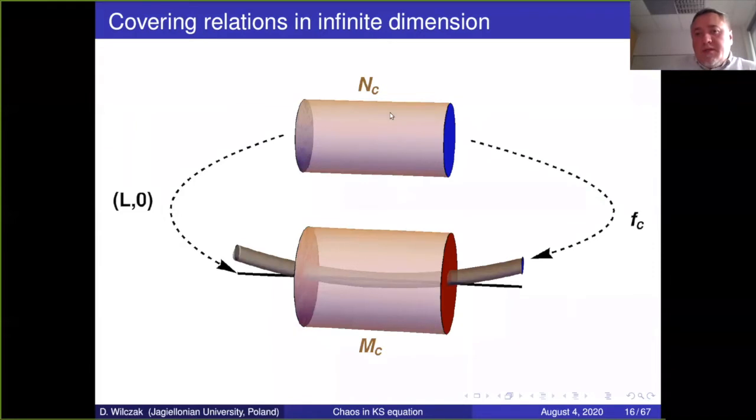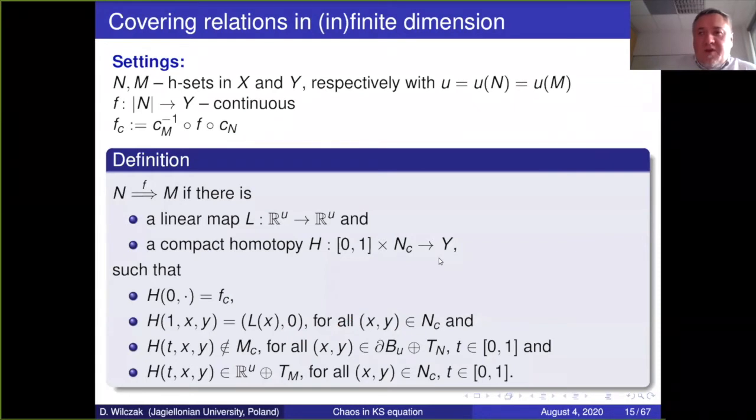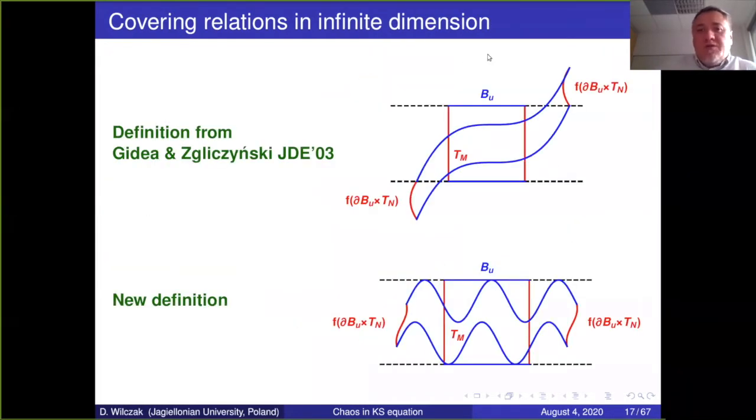So we have this N_C, the set given in the proper coordinate system, and we have a map FC, which maps our set N_C to some space Y, and we can deform this mapping FC to some linear map L and 0 on the tail, which can be infinite dimensional. But what is the main difference between the finite dimensional version and the infinite dimensional version? For the finite dimensional version, here is the geometry of this definition.